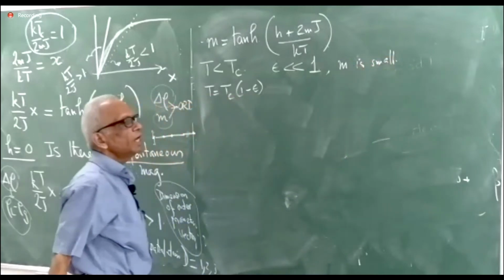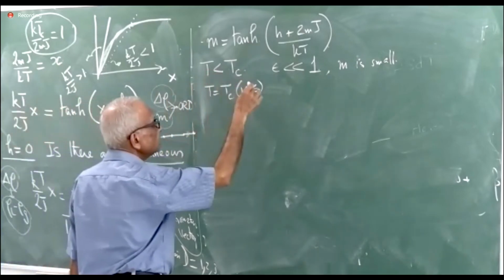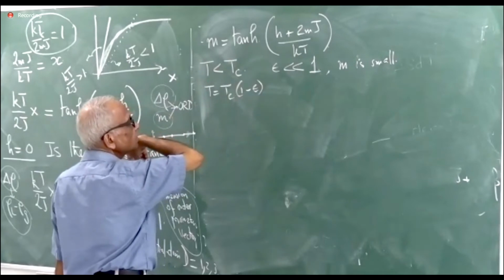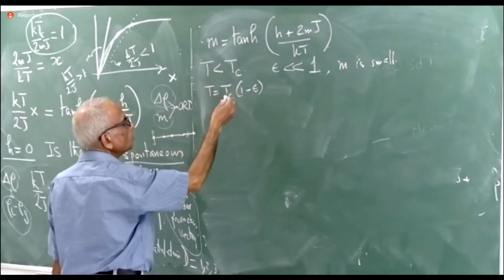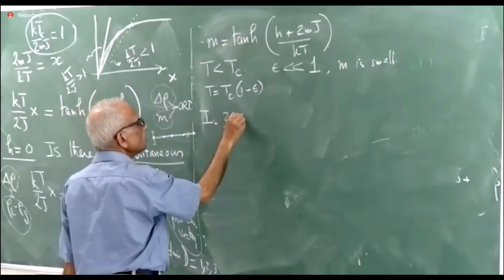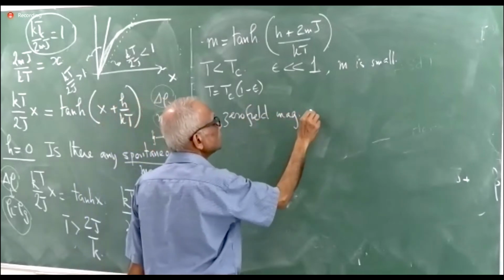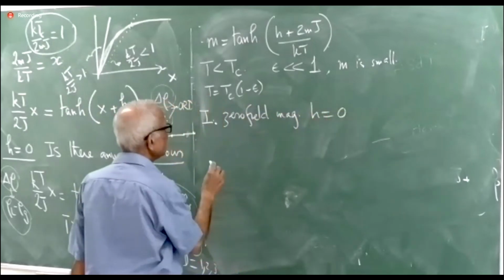So m is 0 at epsilon equal to 0, and now epsilon is slightly greater than 0, which means you are slightly below the critical temperature, and your m is small. So I'm going to expand the right hand side. The first thing to look at is zero field magnetization, so external field H equal to 0.